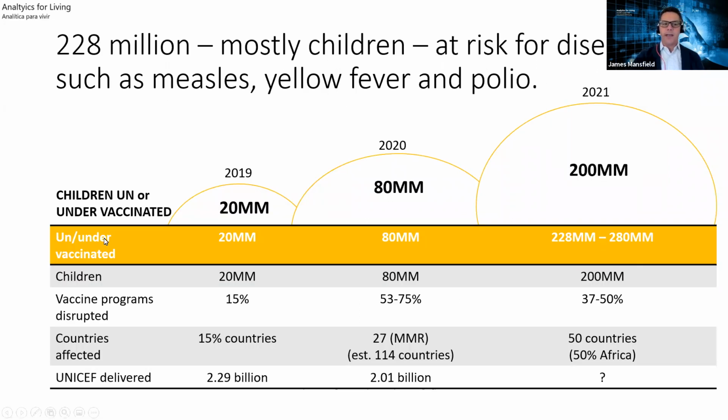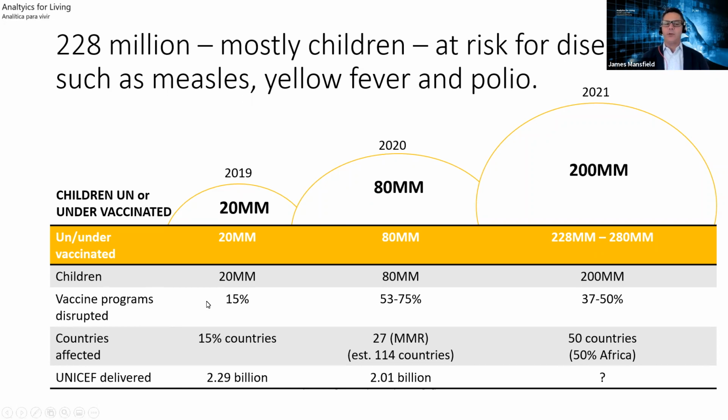I'm going to go left to right in terms of the programs. In 2019, it's mainly due to COVID. Sorry, I should say that: there was a pandemic that caused this. Typically in 2019, roughly 20 million children were either unvaccinated or under vaccinated, for a variety of reasons.